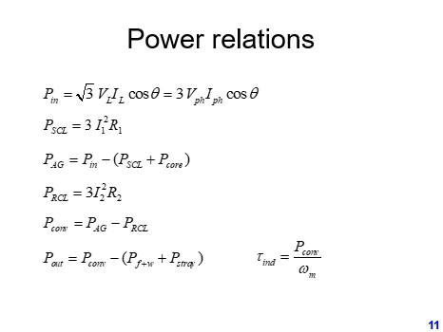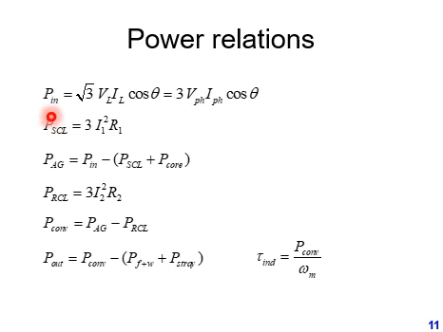Now we will discuss some power relations. These power relations would be mostly used in solving the examples and numericals related to induction motors, in which we deal with how the power has been lost along the way, and how the power has been converted from one form to another.